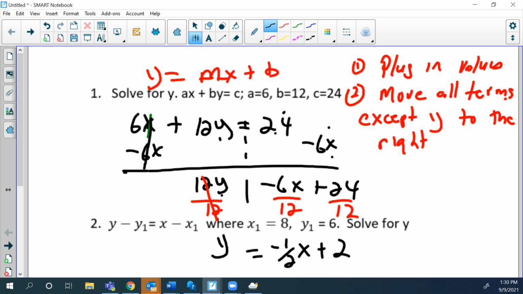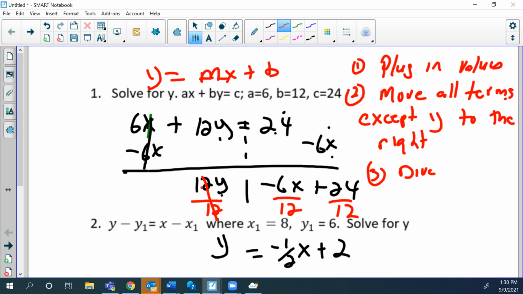So step number 3, once you move all terms except y to the right side, then divide by the coefficient. 12 is what we call the coefficient. That's the number next to y.